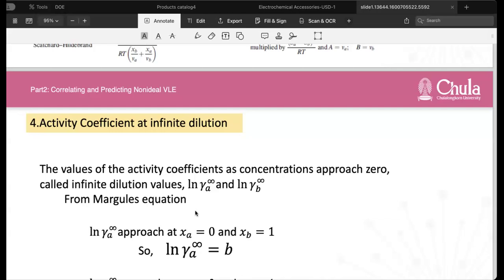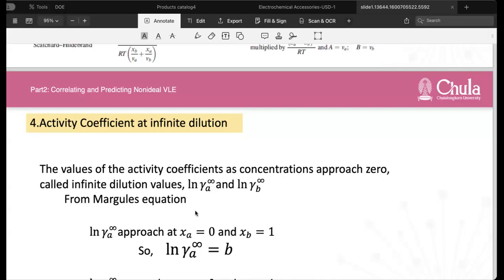The condition for infinite dilution is when you have pure A and you put one drop of B in pure A. If you measure the VLE at that condition, we measure the interaction between A and B, when B is surrounded by A only, without the interaction between B and B.